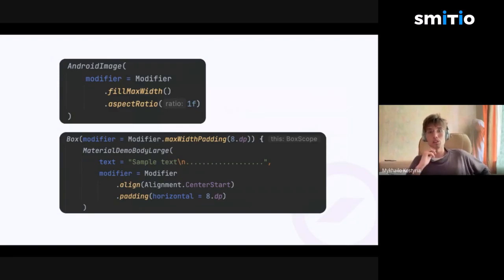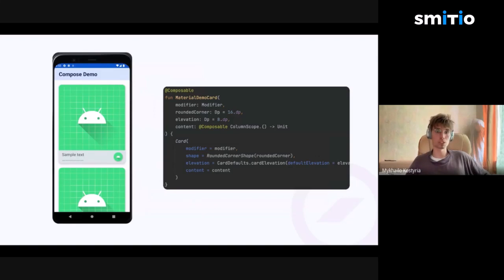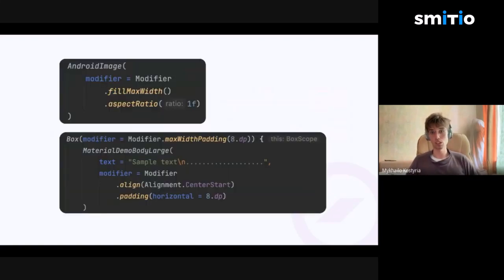Here are just a couple of code snippets I decided to add to show some of the useful stuff you can do with Modifier. So I like the example on the top, which is basically Android image, obviously a custom composable I've defined myself that takes modifier as a parameter. And this is the way you get this nice little picture, which covers the entire width, and it has the height without any of the hard coding, which stays consistent across all of the screens.